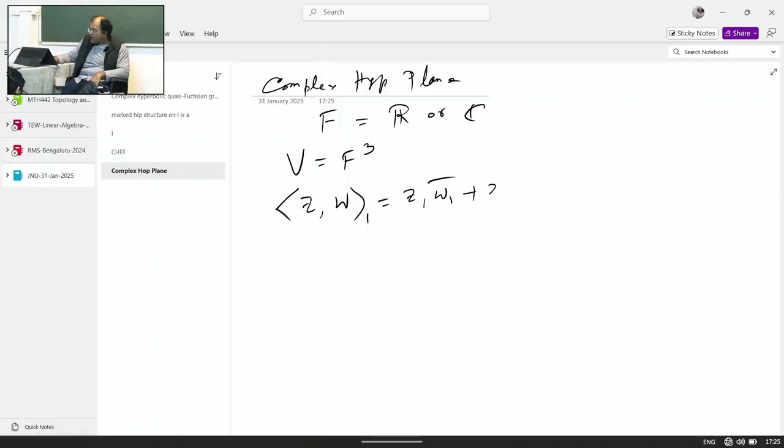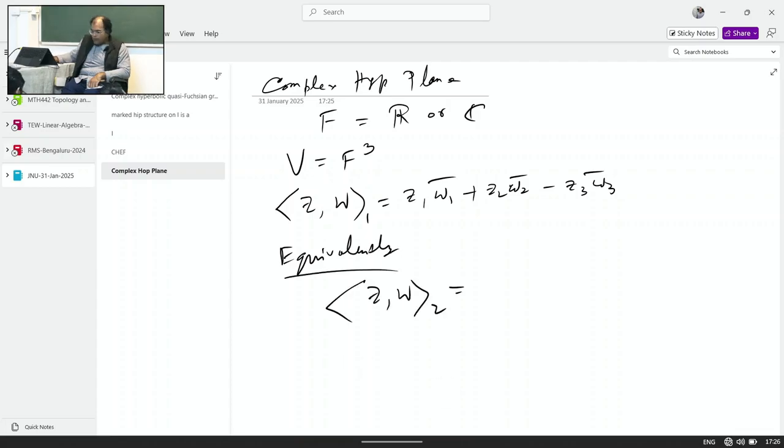Z1 W1 bar plus Z2 W2 bar minus Z3 W3 bar. This is a non-degenerate form. In the real case, it is a bilinear form. In the complex case, it's a Hermitian form. Now one can also give an equivalent Hermitian form, which I denote by <Z,W>_2, that is Z1 W3 bar plus Z2 W2 bar plus Z3 W1 bar. You know when two Hermitian forms are equivalent, right?